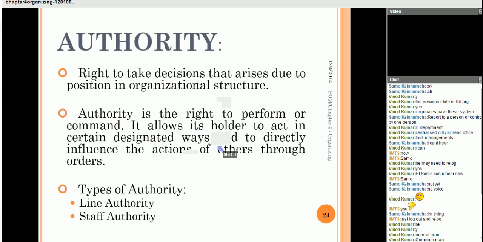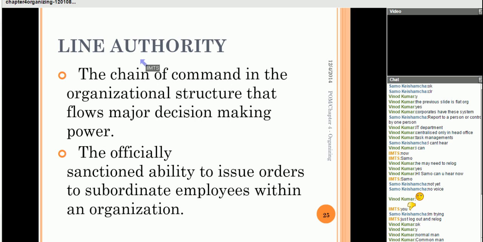So authority is the right to perform or command. It allows its holder to act in certain designated ways and to directly influence the actions of others through orders. The types of authority: line authority and staff authority. Now, what is that? Line authority is the chain of command in the organizational structure that flows major decision-making power.